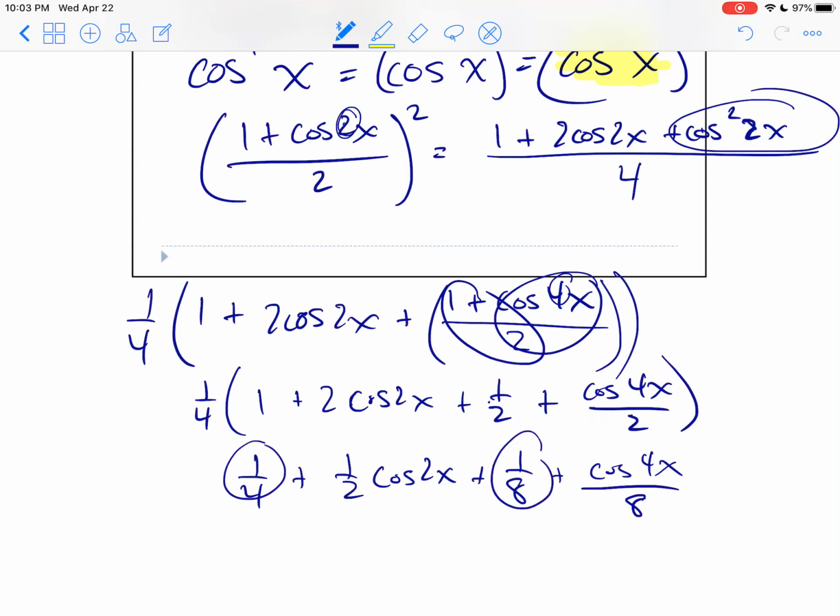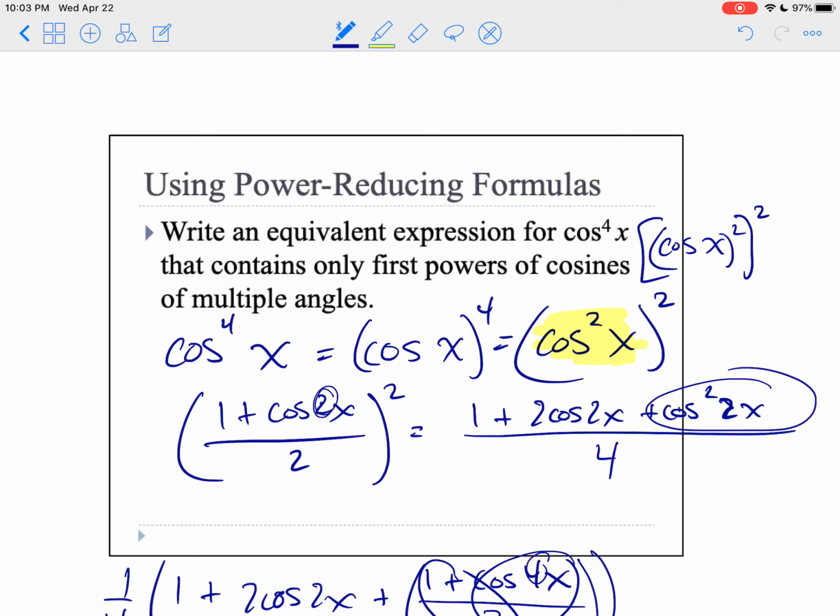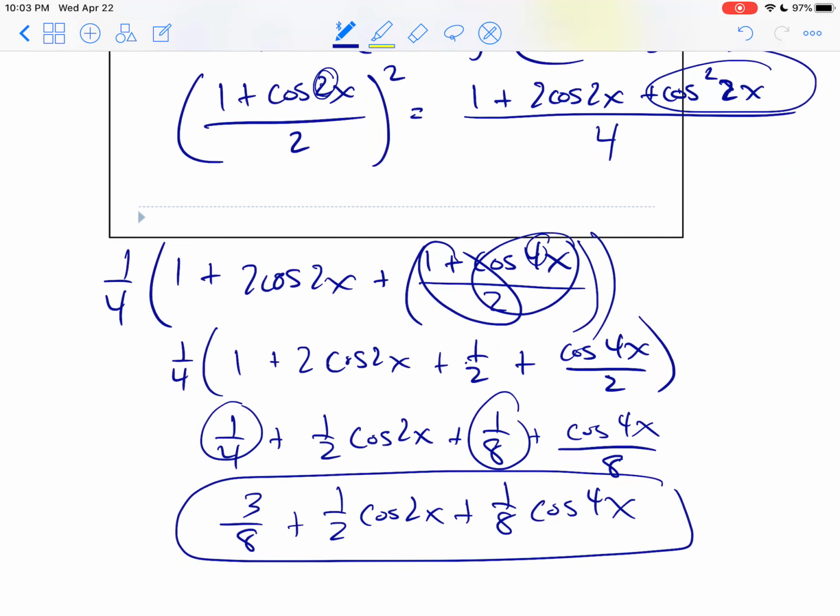I can add these two together. That gives me 3/8 plus 1/2 cosine of 2x plus 1/8 cosine of 4x. And now I have, instead of cosine to the 4th, only first powers of cosines with multiple angles. So the multiple angles are the 2x and the 4x, but that is my final answer here.